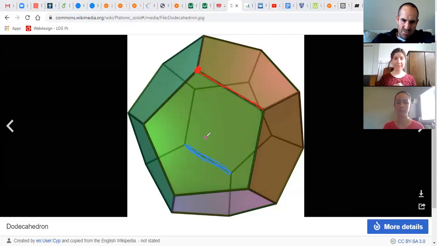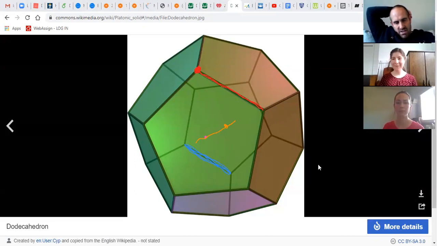If I put a point in the middle of this face, and another point in the middle of this opposite face down here, you're thinking of drawing an axis through those two and rotating through those. So you can rotate by 72 degrees, and that'll get you back where you were.